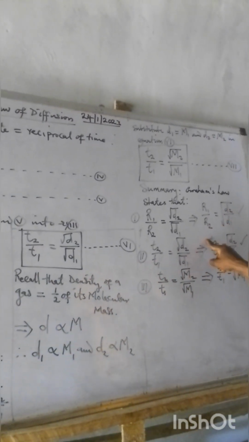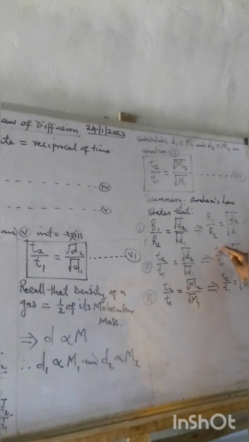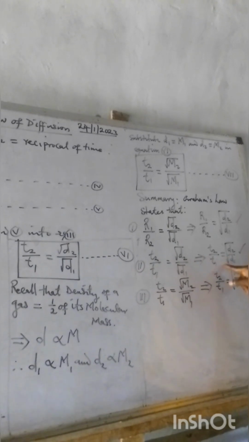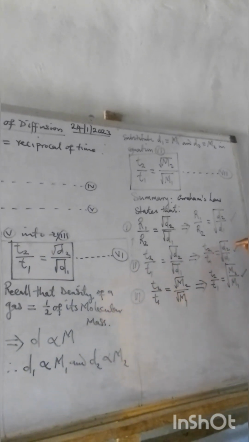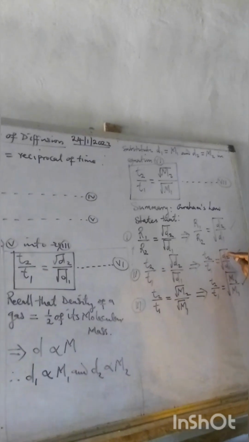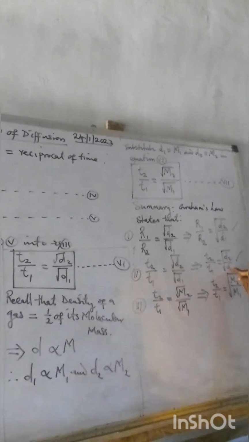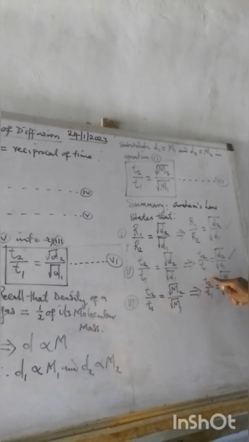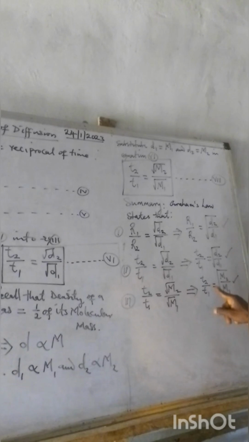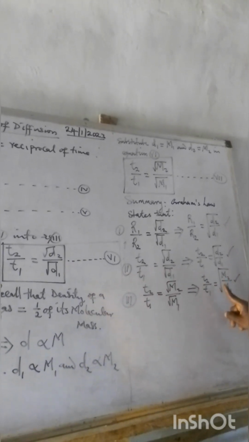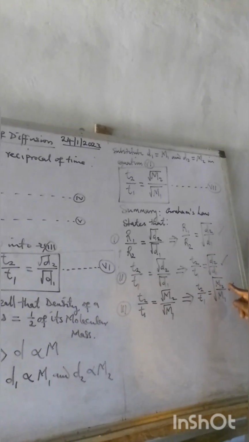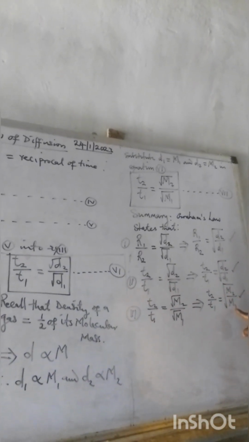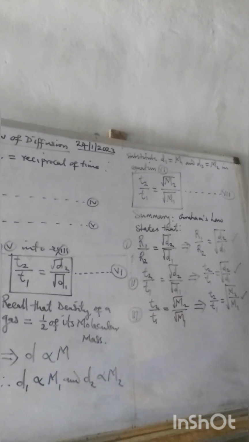We can also say time of diffusion of gas 2 divided by time of diffusion of gas 1 is equal to the square root of the density of gas 2 divided by the density of gas 1. You can also change it this way. Time of diffusion of gas 2 divided by time of diffusion of gas 1 is equal to the square root of molecular mass of gas 2 divided by molecular mass of gas 1.